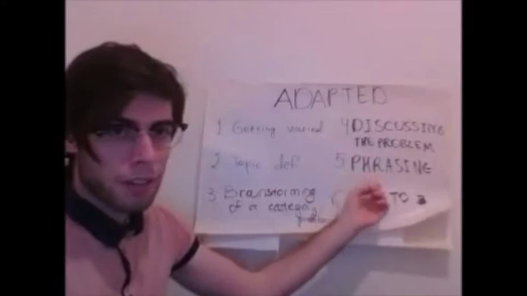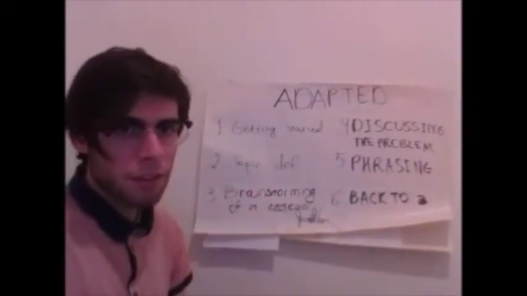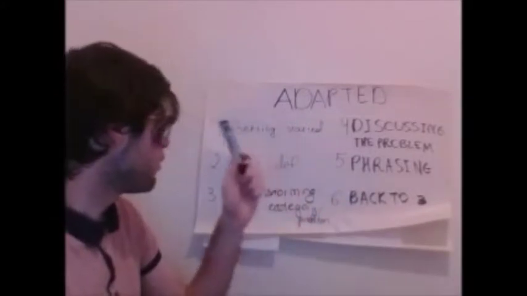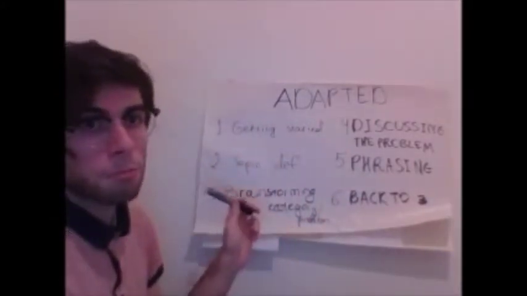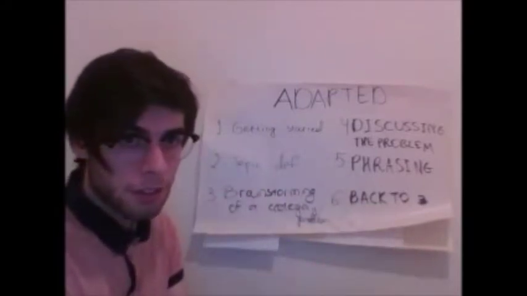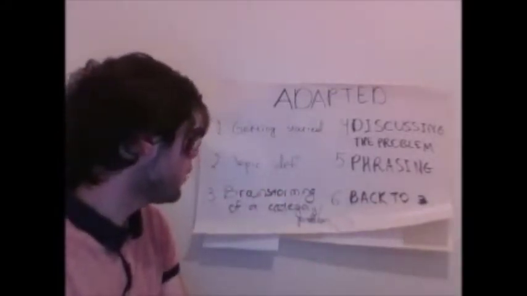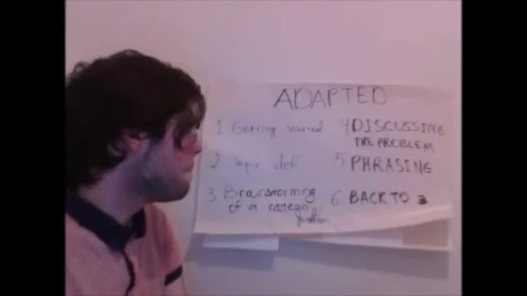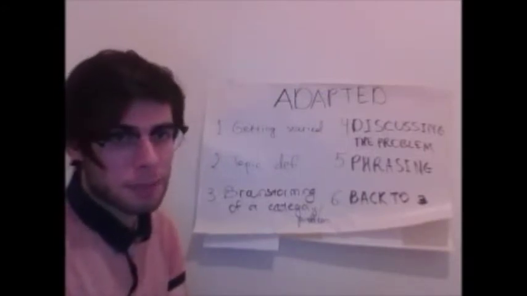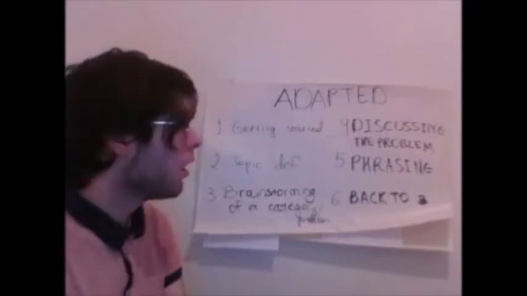Once you are done with phrasing, once you are done with that category, then you move back to step 3, which is brainstorming. But now, obviously, you choose a different category, and this way you make sure that the committee covers all the different aspects of the topic.